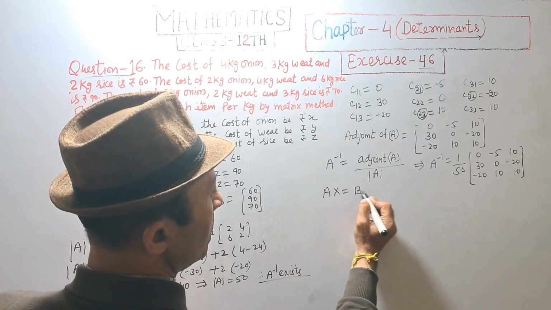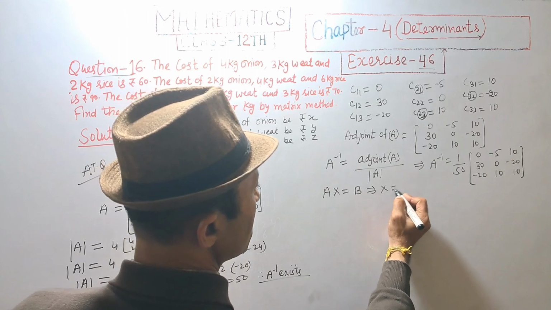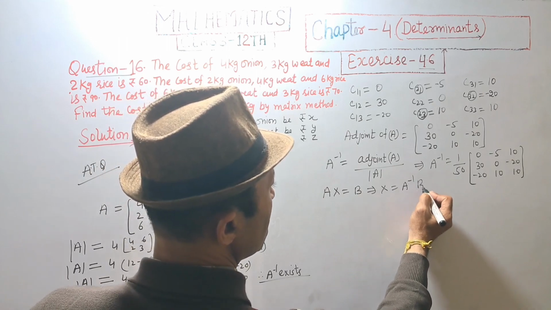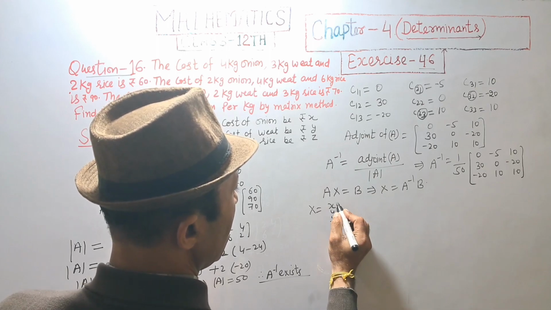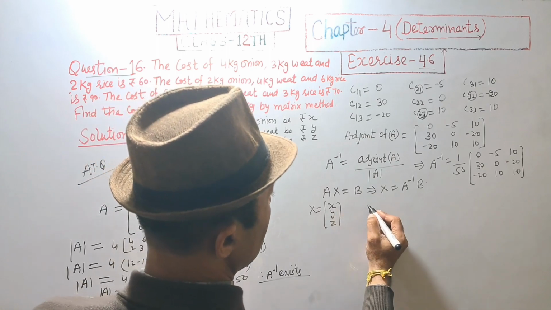Ax is equal to B. This implies x is equal to A inverse B. X is equal to x, y, and z.